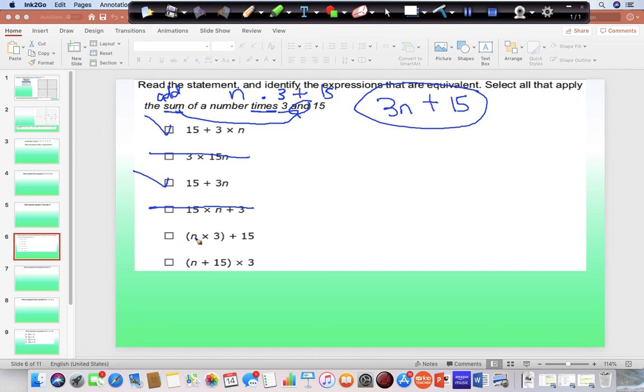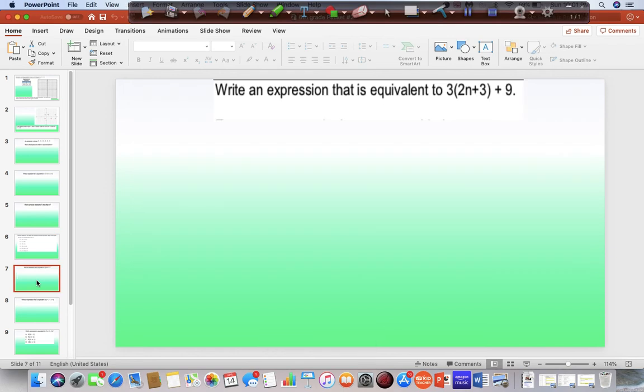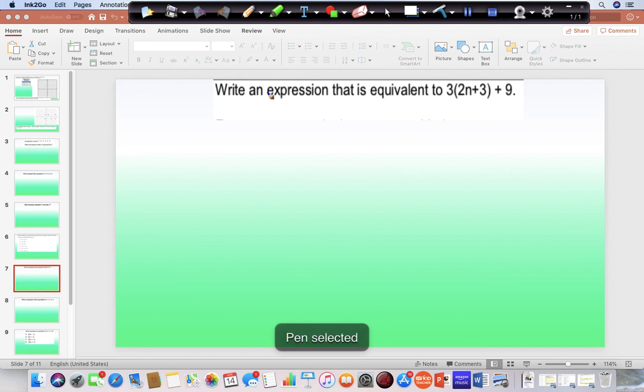The next one says n times 3, which is correct, plus 15. And then the last one says n plus 15. Again, we weren't adding n to 15. We were multiplying n times 3 and then adding that to 15. So our first, third, and fifth choices should have been checked off. And I know my checks are backwards to everybody else. They are actually correct for me. I'm left-handed. So my apologies.